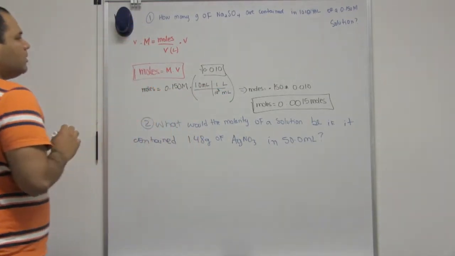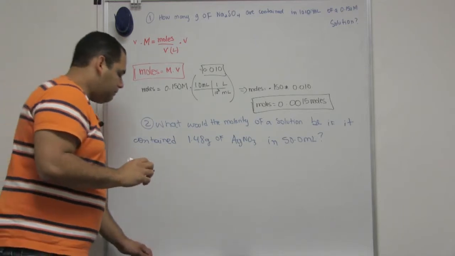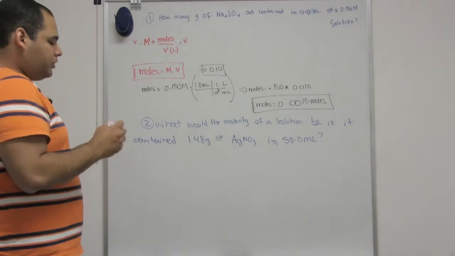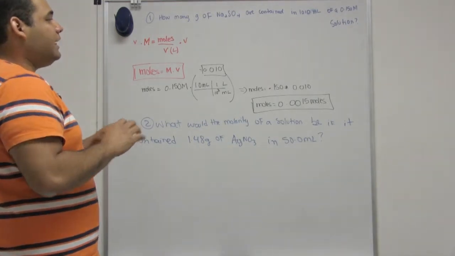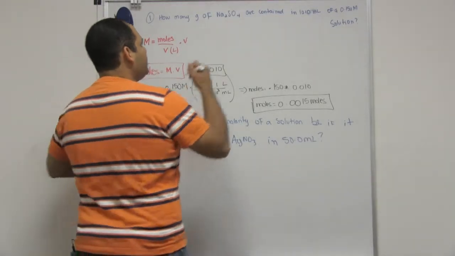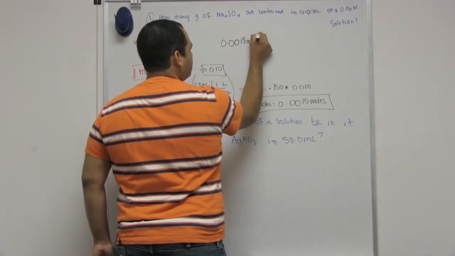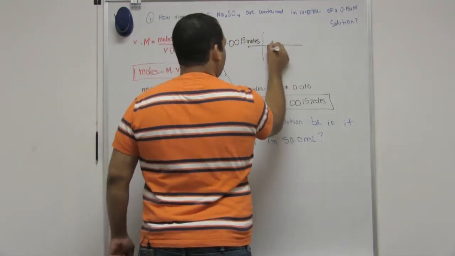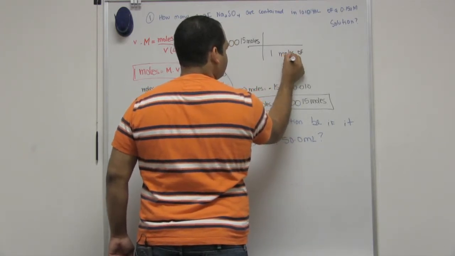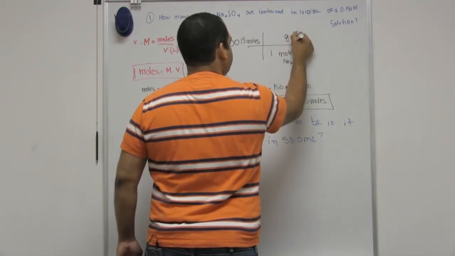Now that I have my moles, I can go from moles to grams. To do that, I need to multiply by the molar mass. So I take 0.0015 moles, with moles in the bottom and the molar mass in the top.